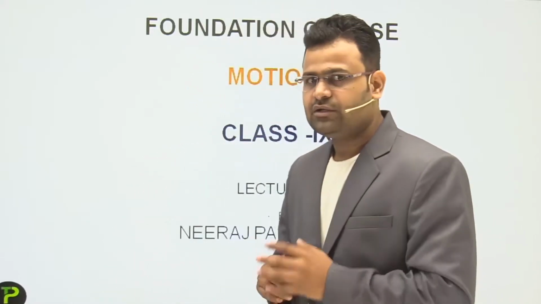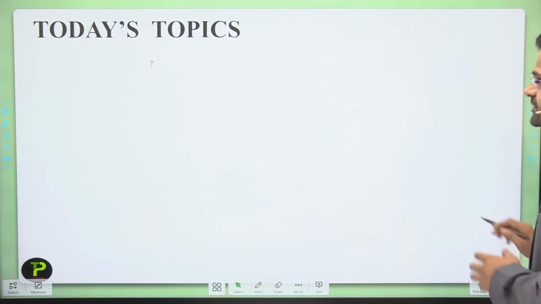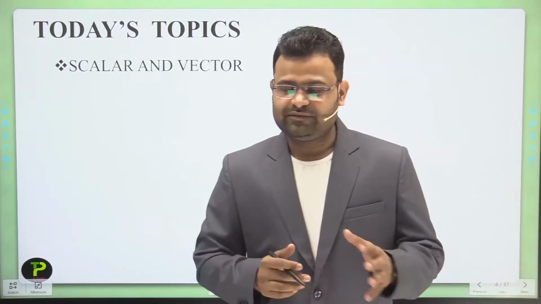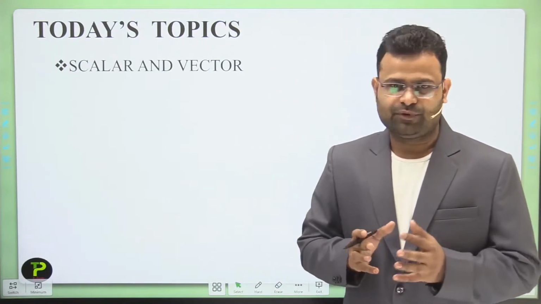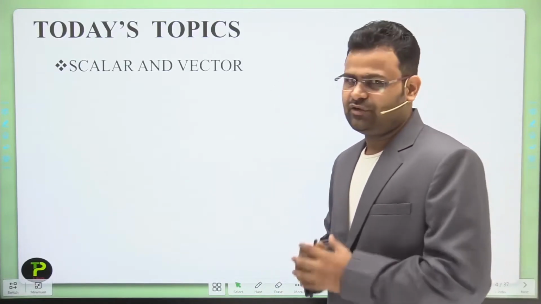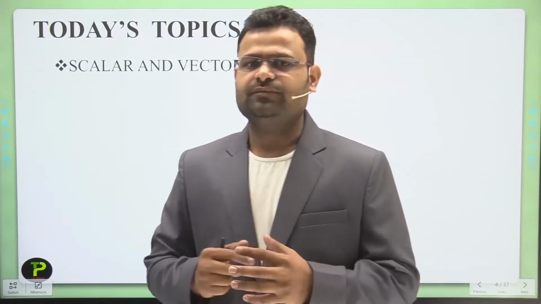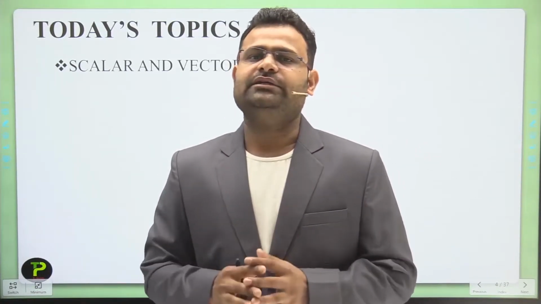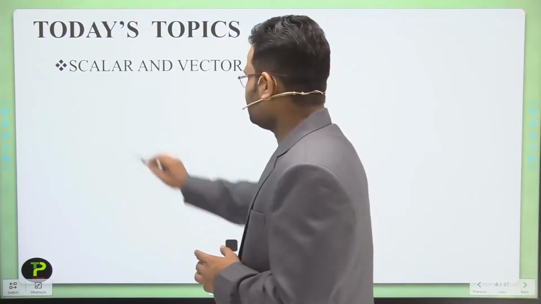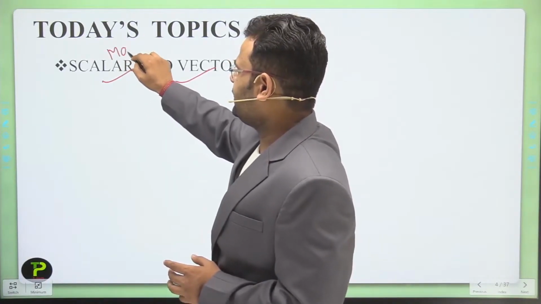Now, dear students, today's first topic is scalar and vector. In the previous lecture we discussed types of motion, and now we discuss physical quantities. Physical quantities are divided into two parts. The first is scalar and the second is vector quantities. Scalar means it has only magnitude.